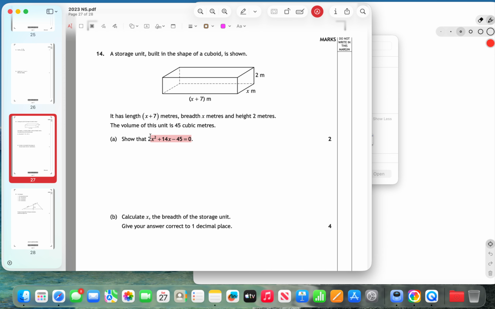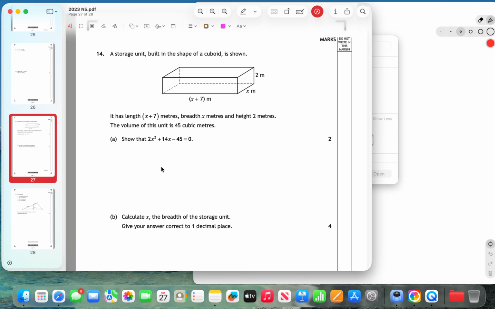Now, it says give the answer to 1 decimal place. Because we have a calculator exam and we're told to round it, we can safely assume that we can't factorize to solve the quadratic equation given in section A. So we're going to use the quadratic formula, which I will show you in a second.